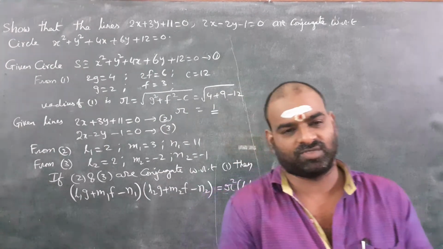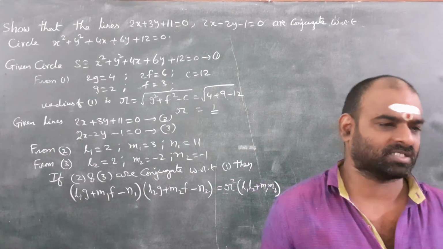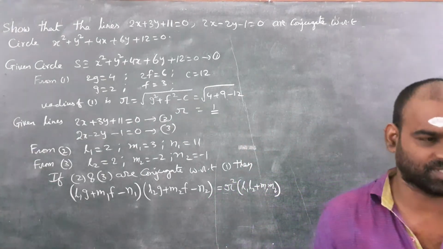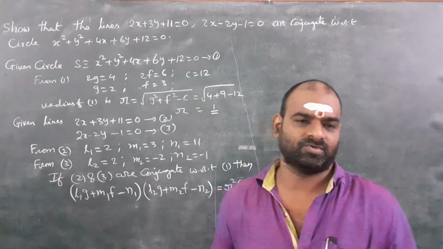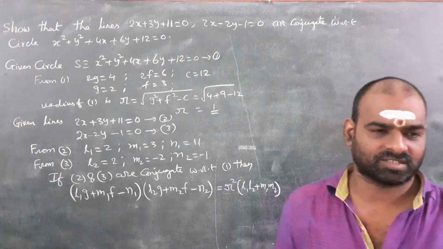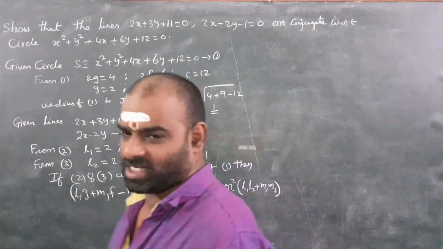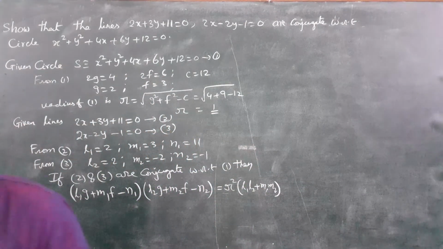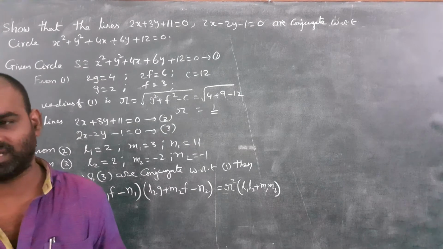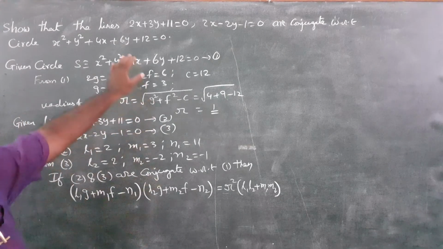In today's class, we discuss the conjugate lines concept. The first important concept is, if two lines are given and we are asked to show that the given lines are conjugate with respect to a circle. So in that model, this is the problem.